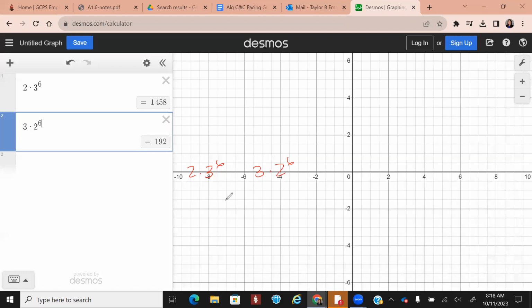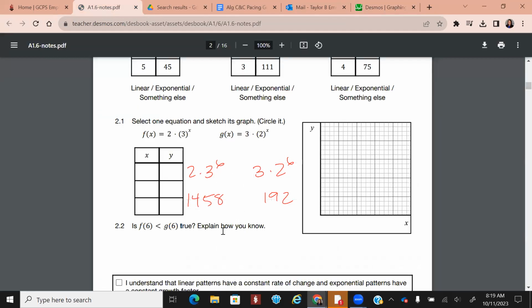So this is 1458. This is 192. So coming back over here, was this function less than this function? No. False. Okay, and all you would write is this down here.